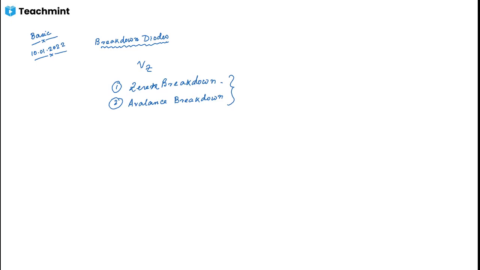If we draw the breakdown mechanism, you will see the characteristic curve. It will look like this. This point is called Vz.